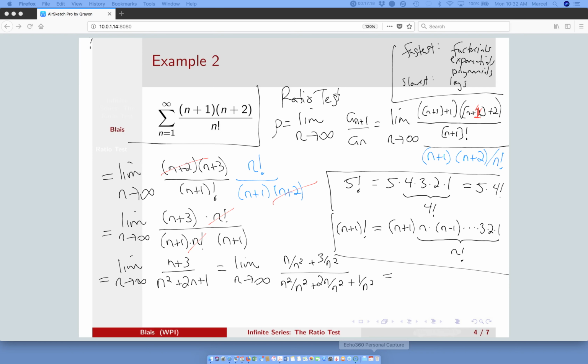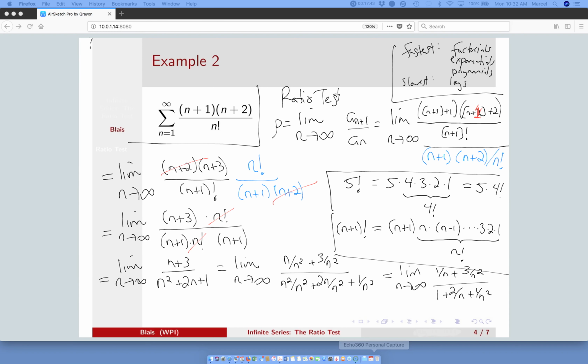And we can see this is the limit as n goes to infinity. In the numerator we have 1 over n plus 3 over n squared, and in the denominator we have 1 plus 2 over n plus 1 over n squared. The denominator, when you apply your limit laws, approaches 1. In the numerator, both terms go to 0.